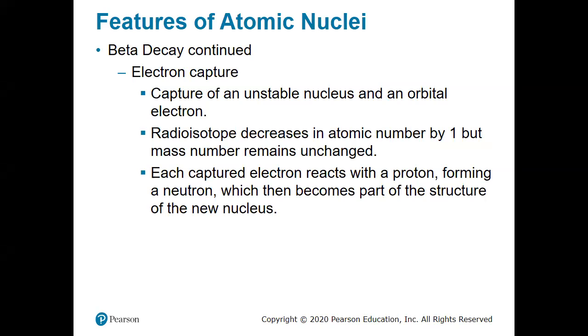Now, there is a third form of beta decay called electron capture. This one's a lot more rare. In this one, what we see is very similar in effect to positron emission.